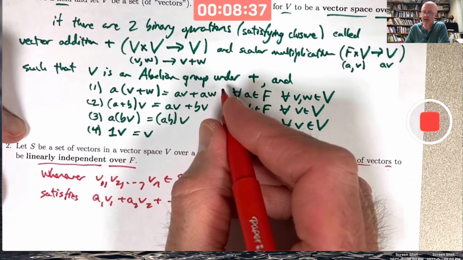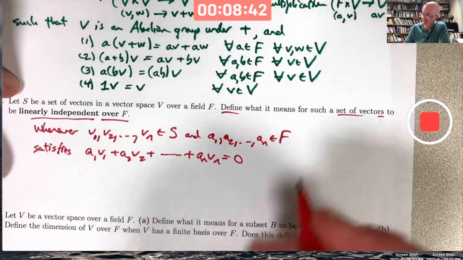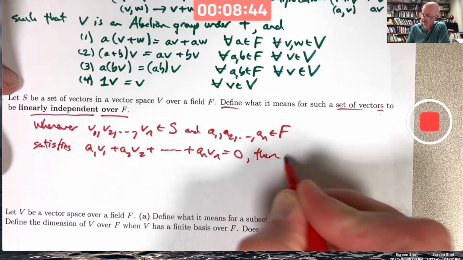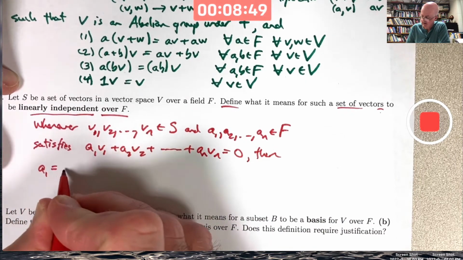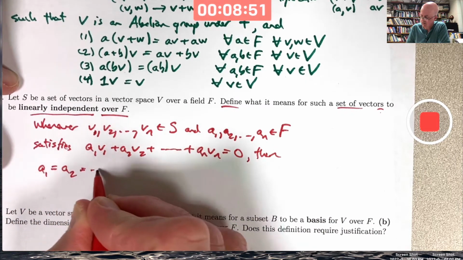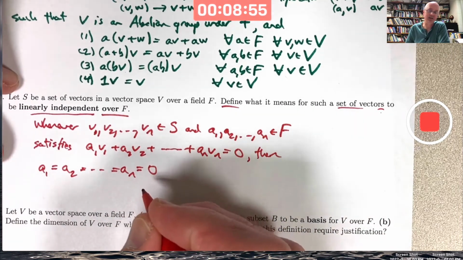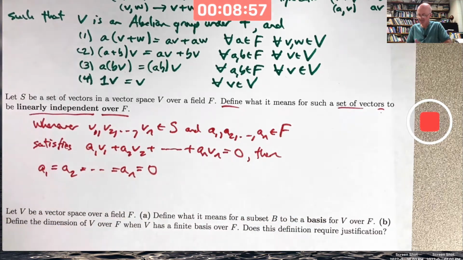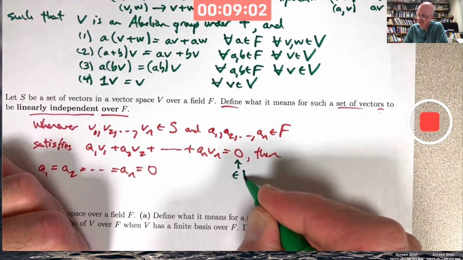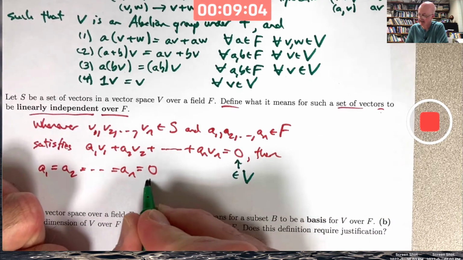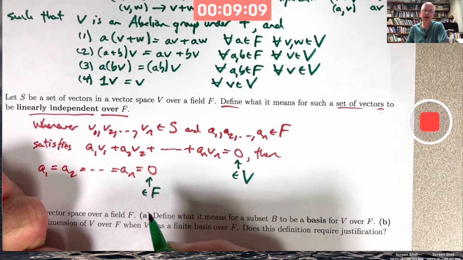Being an abelian group under addition means there would be a 0 and additive identity. Then this implies that all the a's have to be 0. a1, a2 through an all have to be 0, and that's the 0 in the field. Okay, this is the 0 vector. That's an element of capital V. This is the 0 from the scalar field. This is an element of capital F.